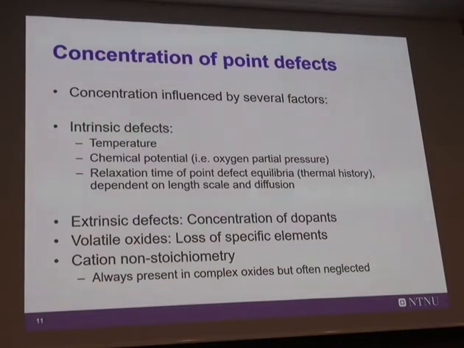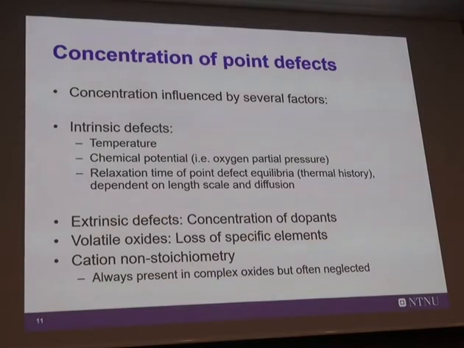If you now look at how we can control point defect chemistry or the populations, they are influenced by several important factors. If you look at the intrinsic defects, the Schottky or the Frenkel defects, the most important is temperature. And why is it so? All these intrinsic defects are entropy driven.